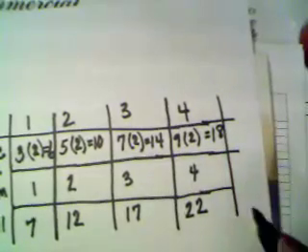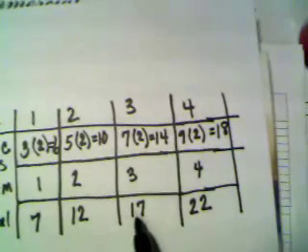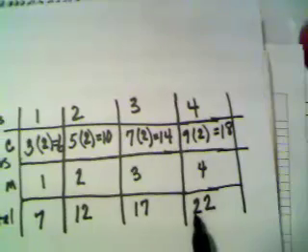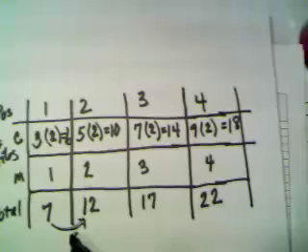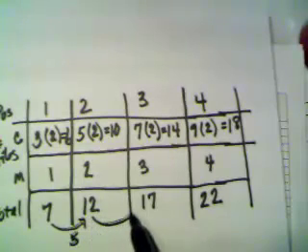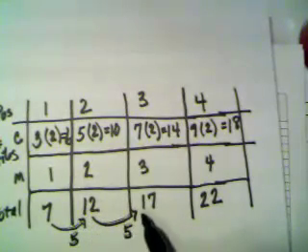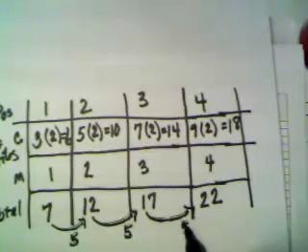But if I look at the total, I can see a pattern forming in the total in that there are 5. 5 is the common difference.